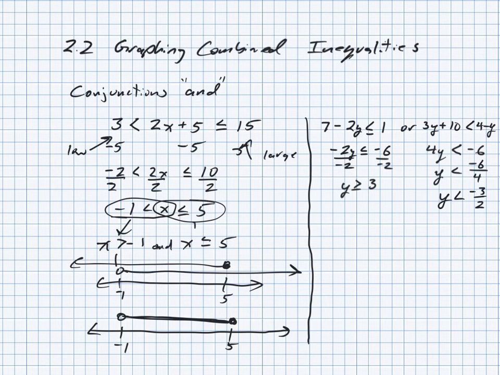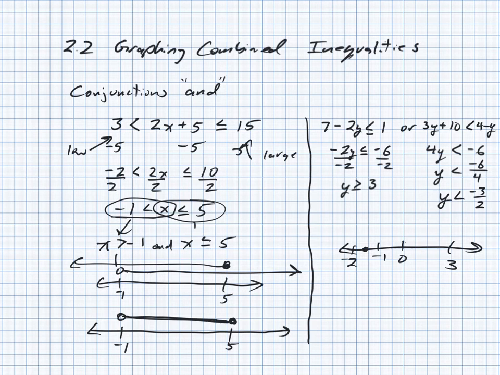So graphing these two, I get the 3, and if this is 0 and negative 1 and negative 2, this would be negative 1.5 right here.